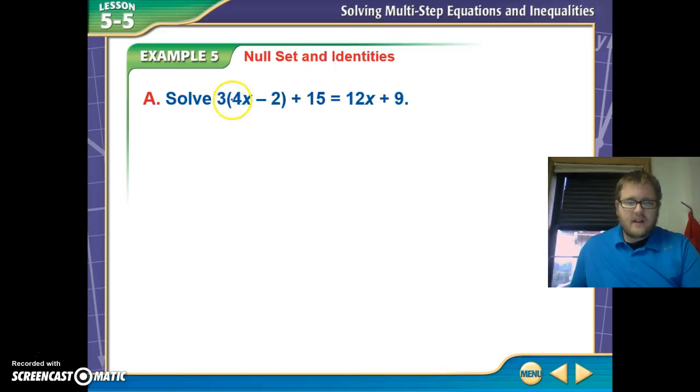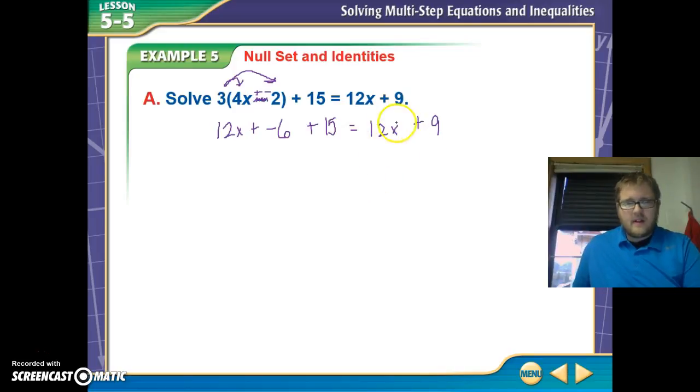We've got a distributive property again to start off with. So let's distribute the 3 to the 4x, and remember that's negative 2, since a minus sign is plus negative. So 3 times 4x is 12x plus 3 times negative 2, which is negative 6, plus 15 equals 12x plus 9.